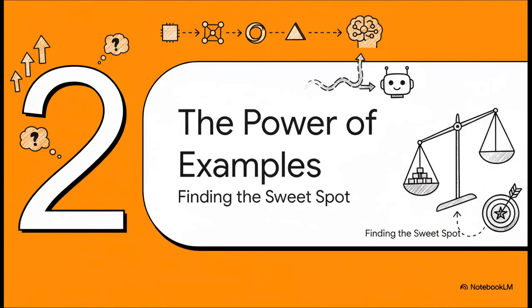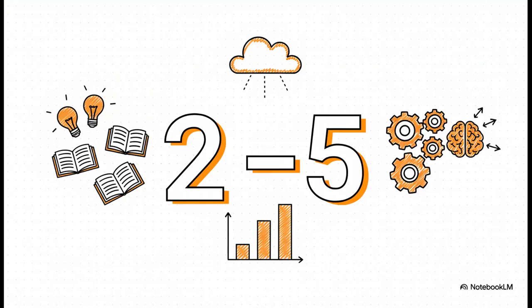Okay, so this is obviously super effective, but it brings up a really important question, right? How many examples do you actually need to get these kinds of results? Well, the answer, based on a ton of research, is actually surprisingly small. For most things you're going to do, the sweet spot is somewhere between 2 and 5 examples. That's it. You don't need some huge, massive data set. Just a few really good demonstrations will do the trick.